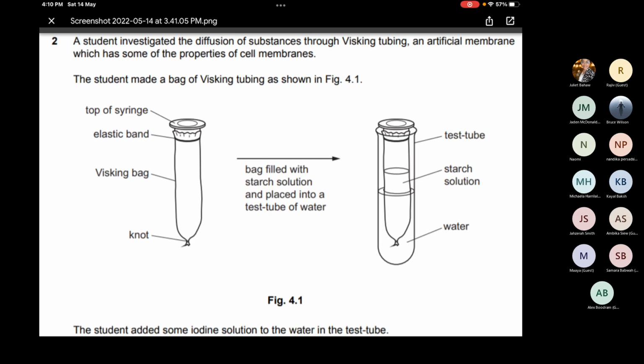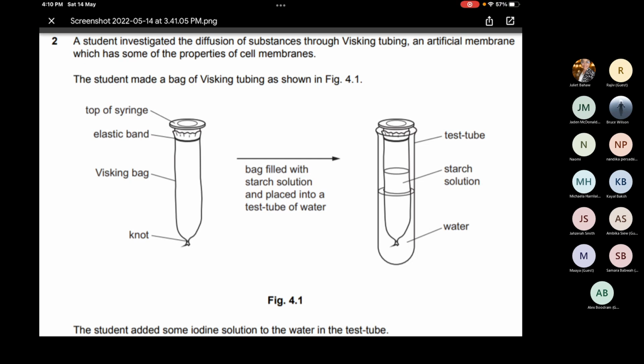Water from the test tube would have passed through the Viskin tube and entered it, because water moves from high to low concentration, but nothing from the Viskin bag left the Viskin bag.